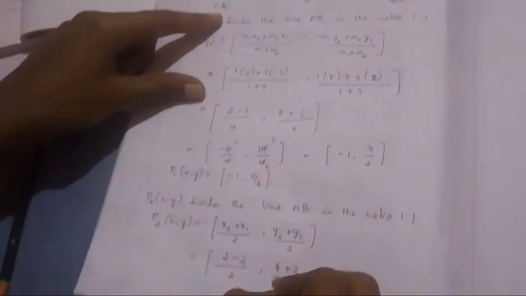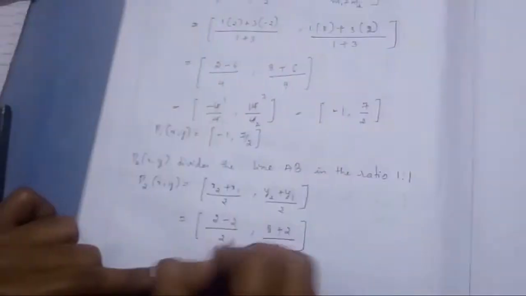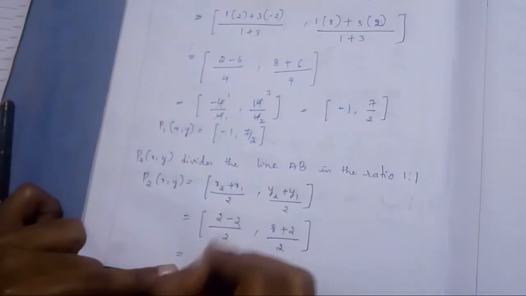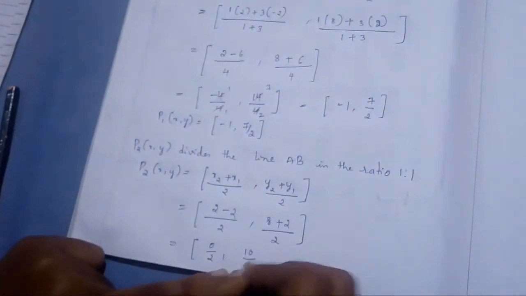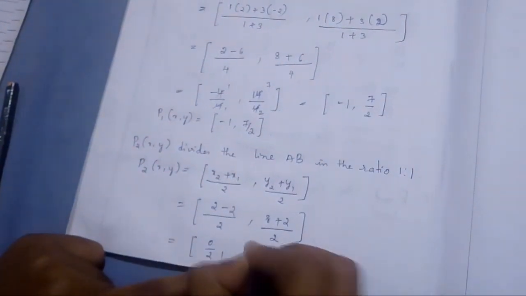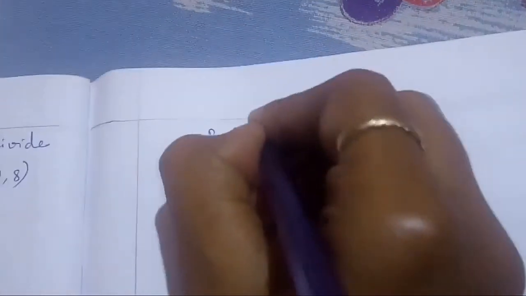Then 2 minus 2 is 0 by 2. Then 8 plus 2 is 10 by 2, 2 fives are 10. Then P2 of x comma y is equal to 0 comma 5.